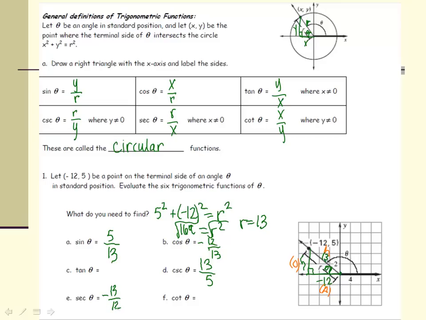Tangent, opposite over adjacent, so that's 5 over negative 12. And then our cotangent would be the reciprocal, so that's negative 12 over 5. So notice once I knew all 3 sides, I could easily find all 6 trigonometric functions.